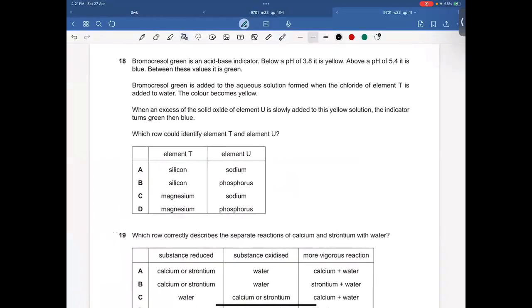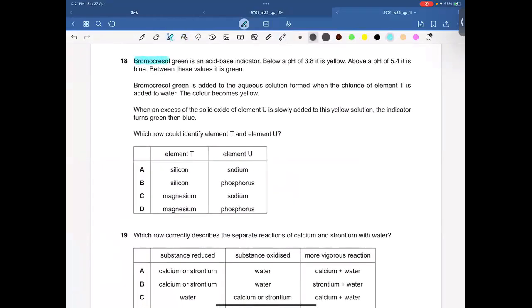Question number 18. Bromocresol green is an acid-base indicator. Below pH 3.8 it is yellow. Above pH 5.4 it is blue.